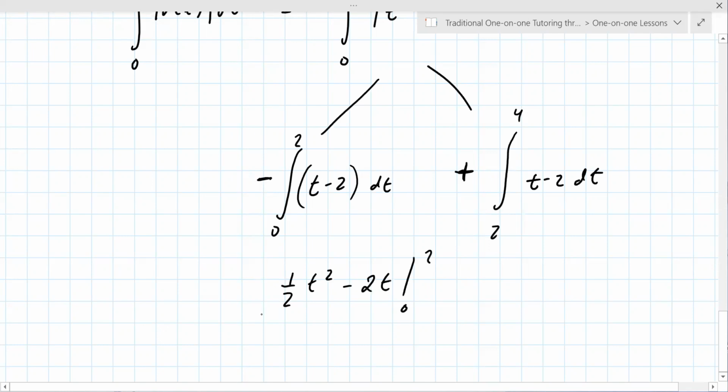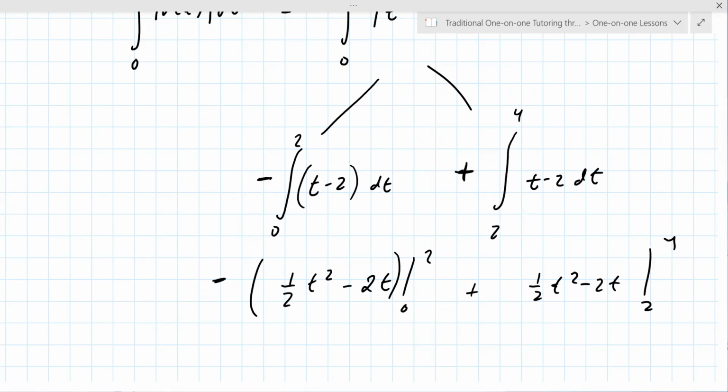I would just deal with the negative at the end, like whatever you get here, put a negative. It's the same thing here. That's 1/2 of 4, so that's 2 minus 4 equals negative 2. So positive 2 on the left, right? Okay.